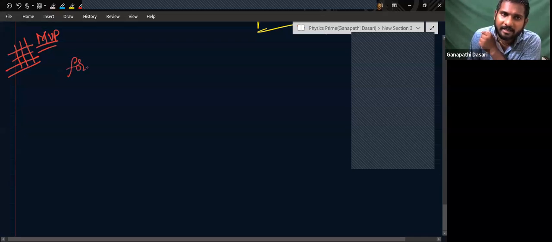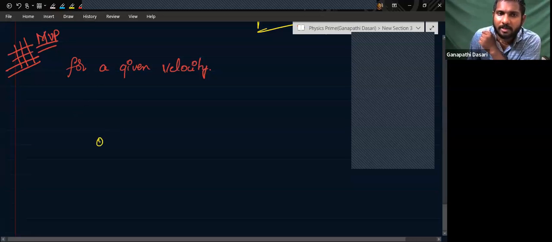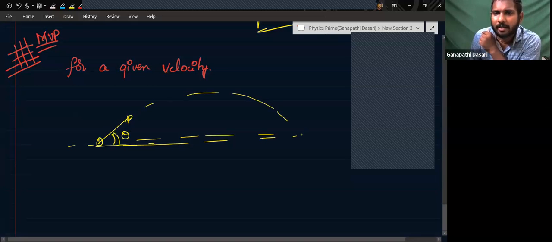For a given velocity, suppose a ball is thrown like this at an angle theta. The same man is throwing. You see this case. The ball has reached this point. Okay, Varun, are you observing this?